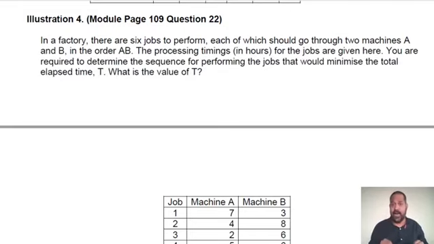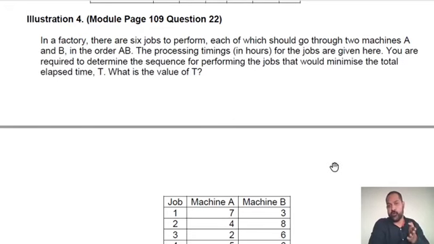The processing time in hours for the jobs is given below. You are required to determine the sequence for performing the jobs that would minimize the total elapsed time T. What is the value of T? I'll tell you everything. I'll tell you what elapsed time is and everything.